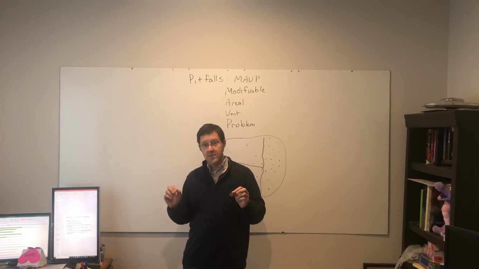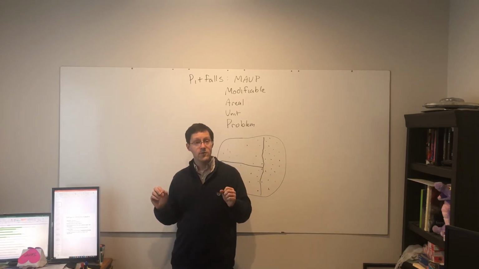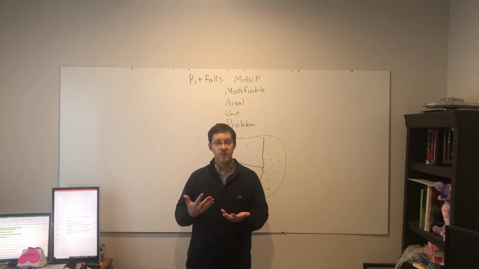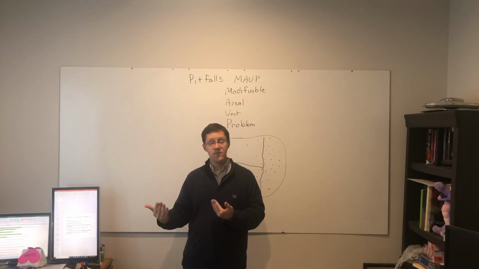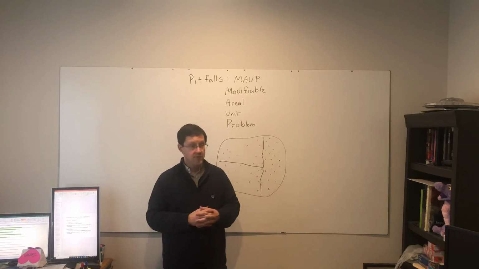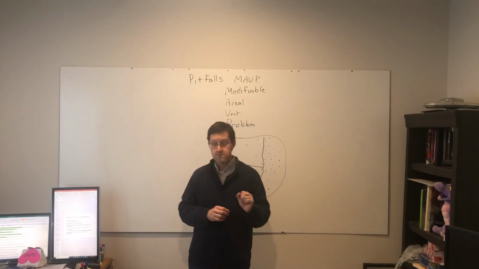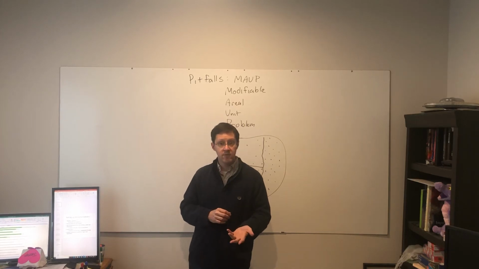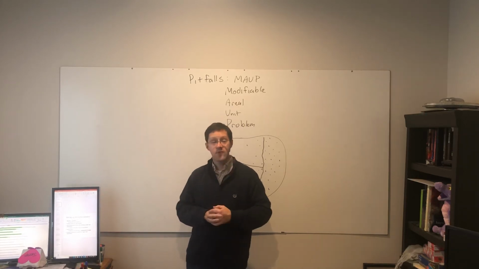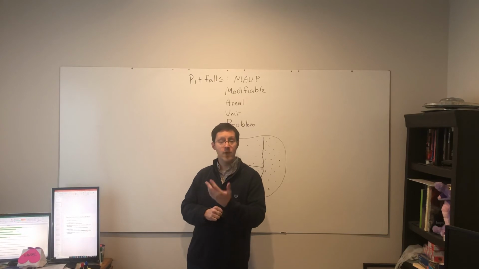So the basic idea of the modifiable areal unit problem: change the boundaries of aggregation for aggregated data using the same individuals, and you can change the answer. You can get different interpretations, different results out the other end.